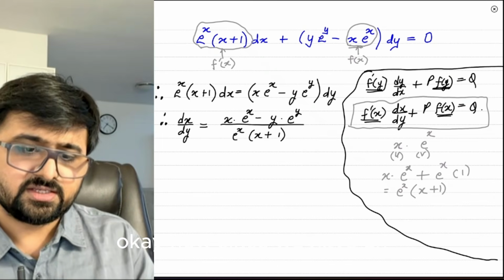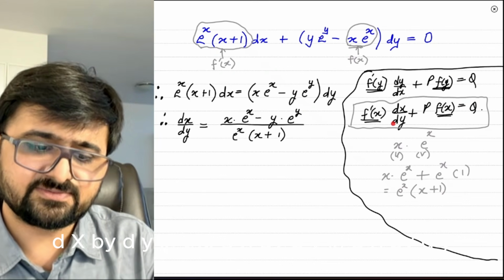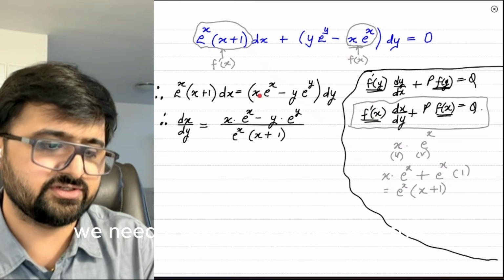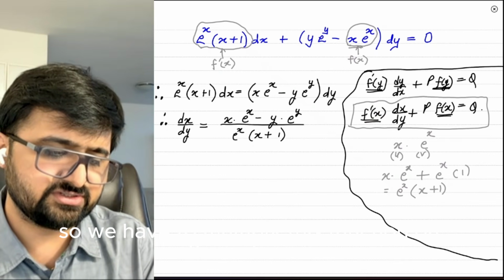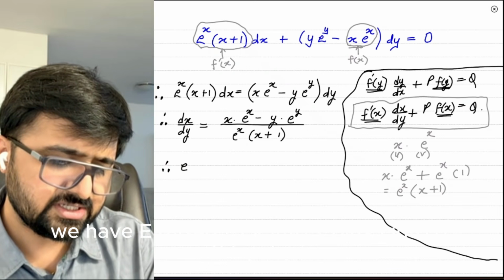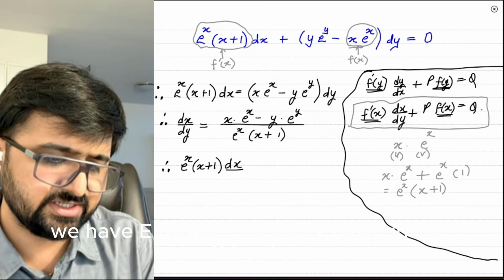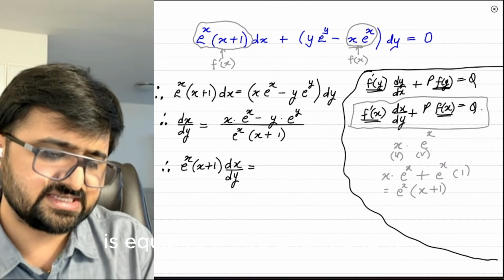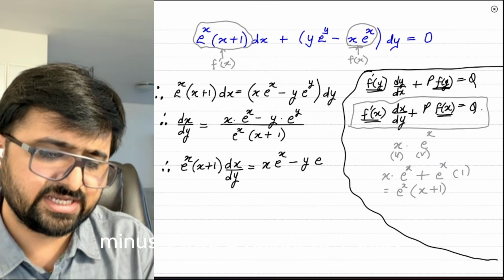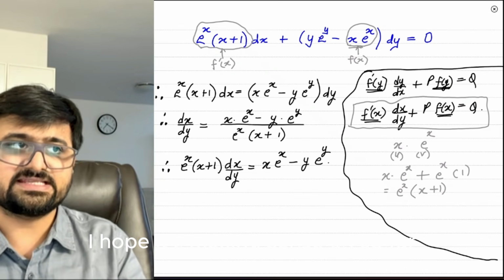Now, since we have dx by dy, we need f dash of x, which was this function here. So we have to multiply this function on this side now. So therefore, we have e raised to x into x plus 1 into dx by dy is equal to x into e raised to x minus y into e raised to y. Okay. I hope it's making sense so far.